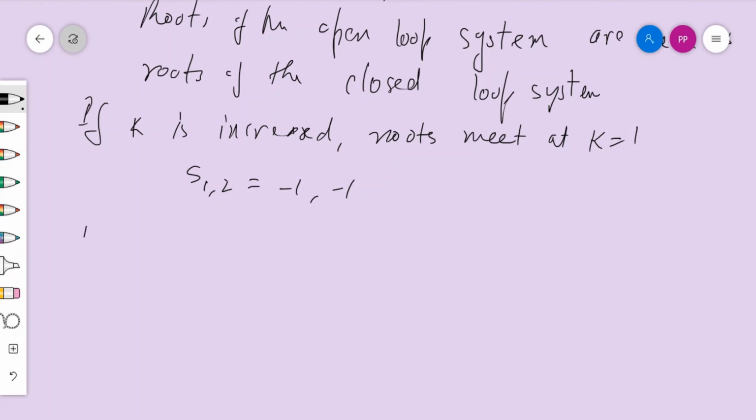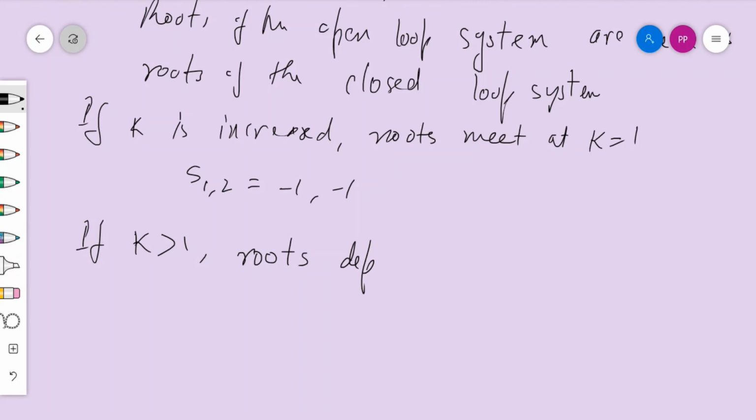So let us go beyond k equal to 1. Say if we consider k greater than 1, then the radical part has the value 1 minus k. So naturally if k increases beyond 1, the radical part will become negative, so it will have the complex part in the roots. Up to now all the values of the roots were real, so it was traveling on the real axis on the negative side.